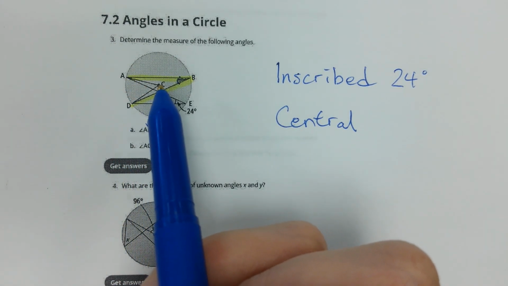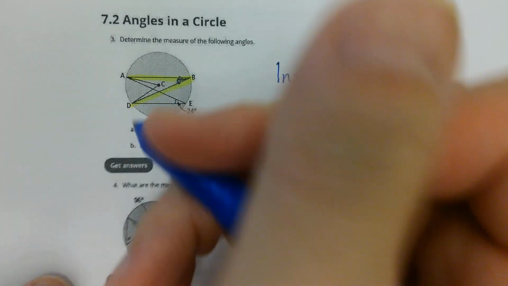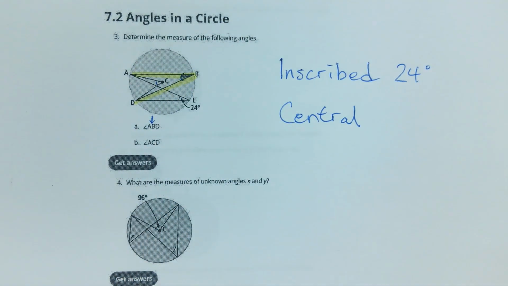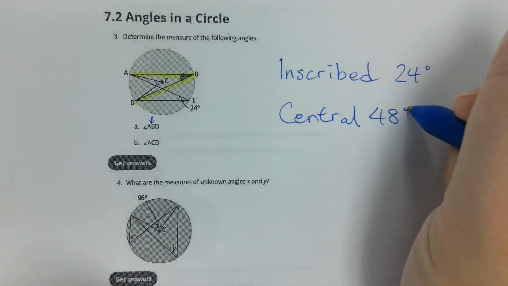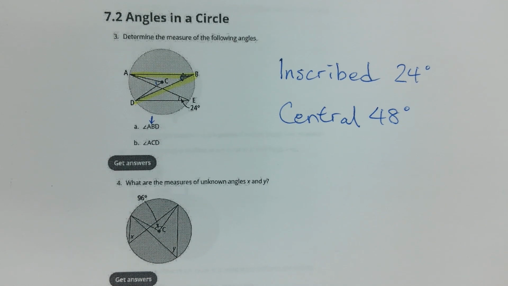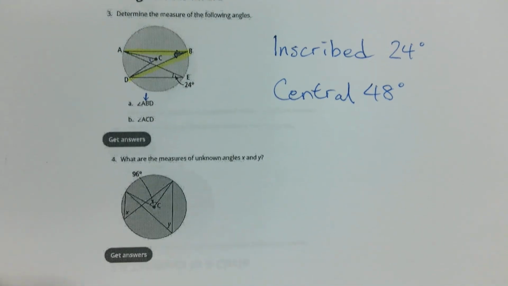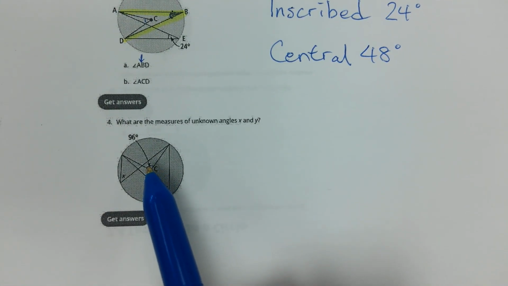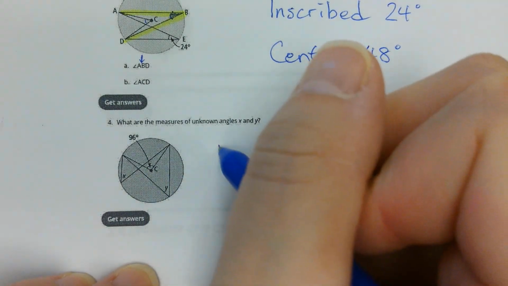ACD. It's talking about this central angle right here. What is my central angle? 48. Yep. Thank you. 48, because it's doubled. Same thing right here. If this is 96, my central angle is 96. What is x and y?